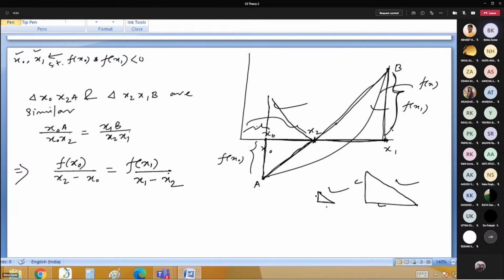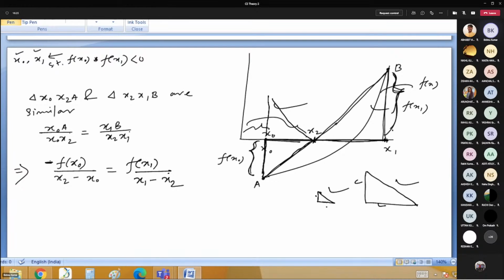But you just see this is on opposite sides. So if I check the height for this triangle, its height f of x0, its numerical value will be negative. You just see the graph is lying below the x-axis, so its value is negative, but the other height's numerical value is positive. So if I compare the triangle similarity property, I have to put a negative sign here. Are you getting my point?